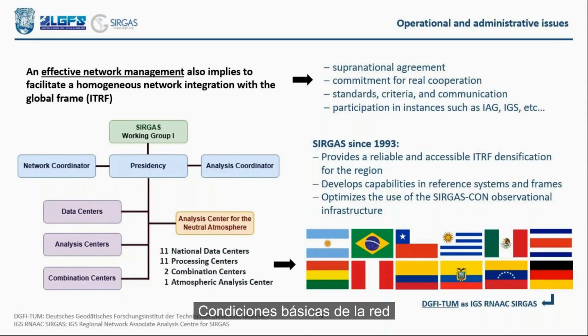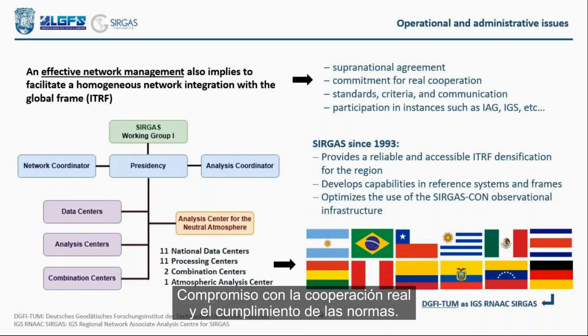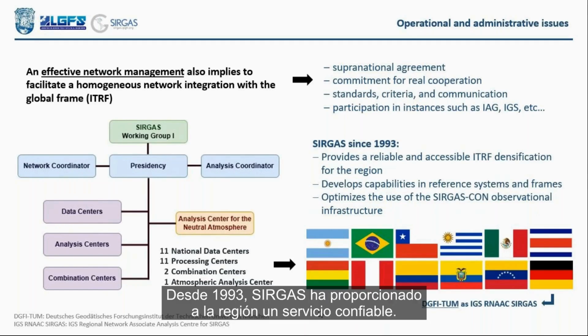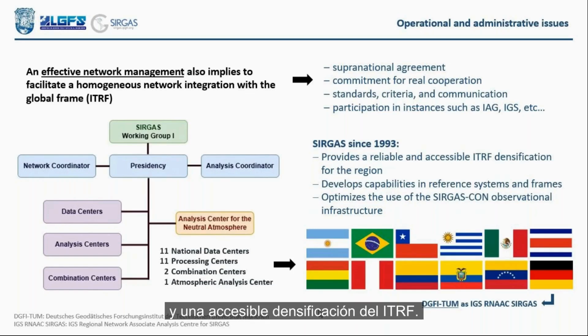So the basic conditions of the network management require a national agreement and a supranational agreement too, commitment to real cooperation, and following standards. In this sense, SIRGAS, I think, is a very good example. Since 1993, SIRGAS has provided to the region a reliable and accessible ITRF densification.